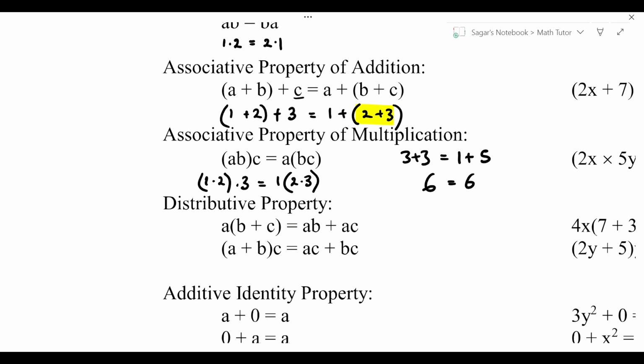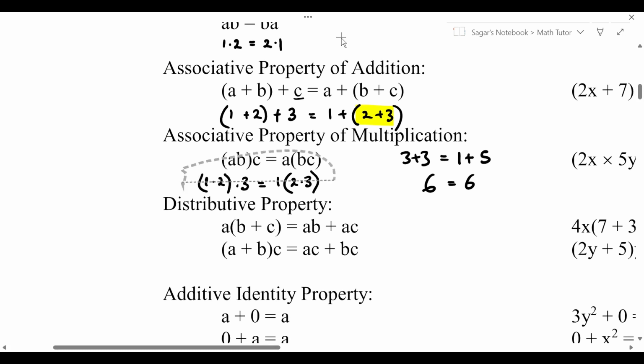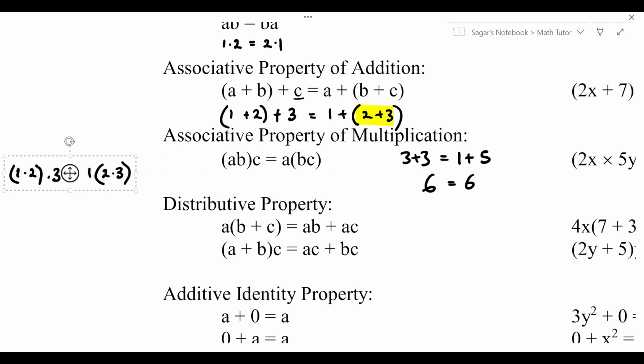Now let us work with the brackets first. 1 times 2 is 2, multiplied by 3. So you've got 2 multiplied by 3, which is equal to 1 multiplied by 6. In brackets 2 times 3 is 6, and now we see both sides are equal to 6.